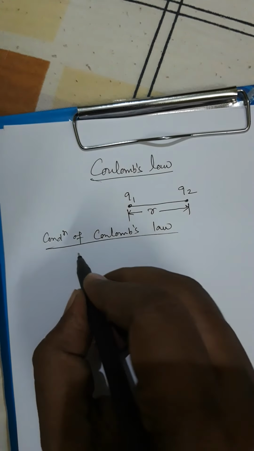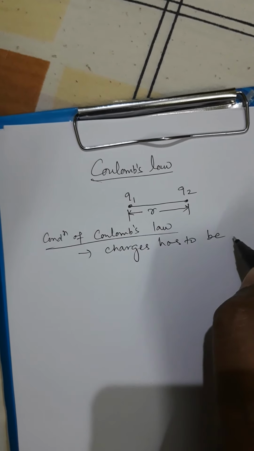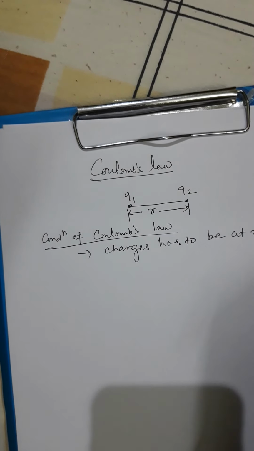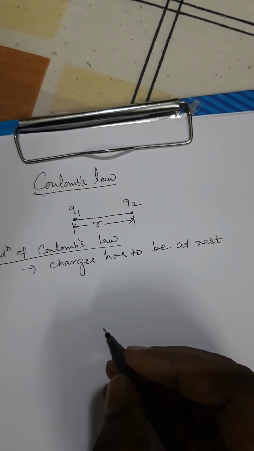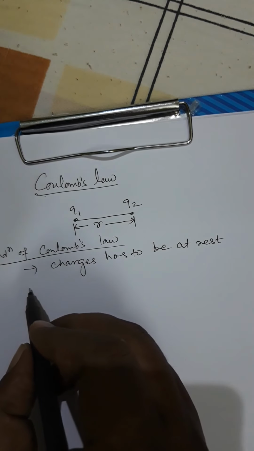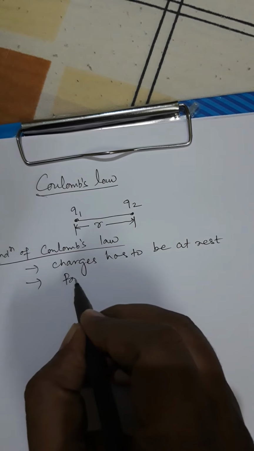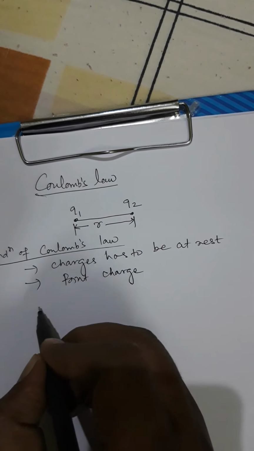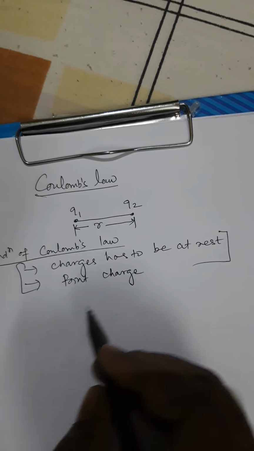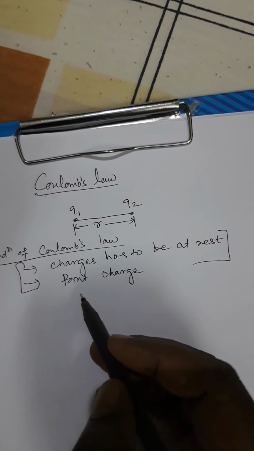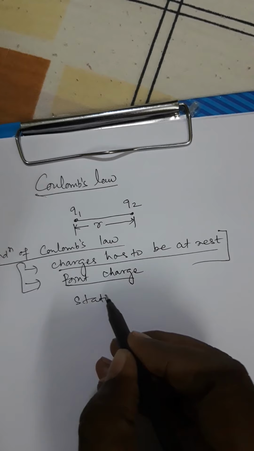The limitation is that first of all the charges have to be at rest, and the charges should be point charges. These are the two main conditions for the validity of Coulomb's law: it is valid for point charges and the charges have to be at rest, or you can say stationary charges.